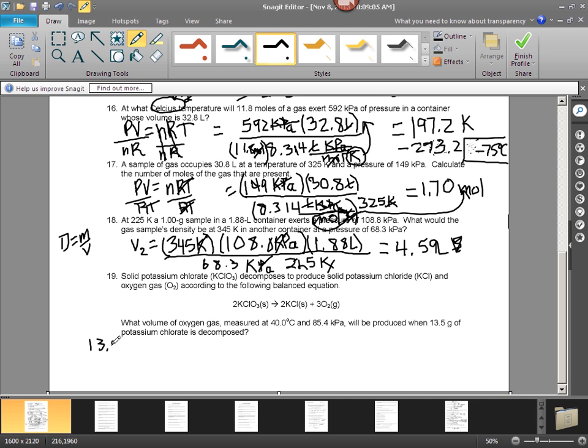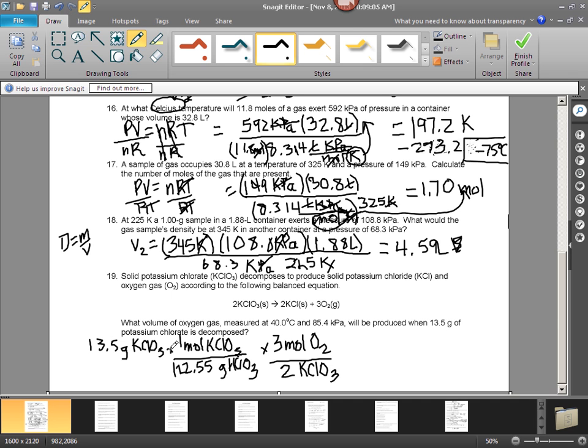You're going to take your 13.5 grams of potassium chlorate times 1 mole of potassium chlorate, 122.55 grams, then the mole ratio, 3 moles of oxygen, 2 moles of potassium chlorate.